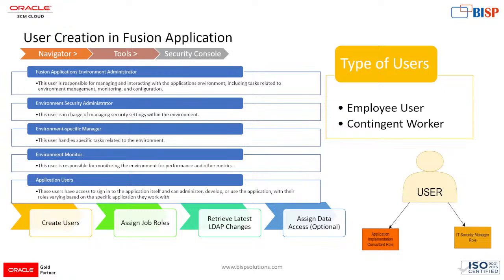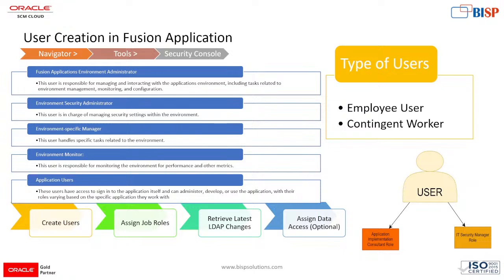In Oracle Fusion Cloud applications, there are different types of users, each with specific roles and permissions. Here are some of the key user types. That is the Fusion Application Environment Administrator.